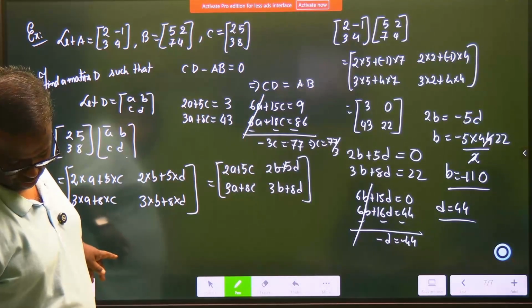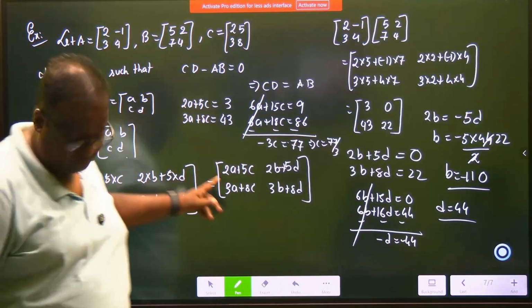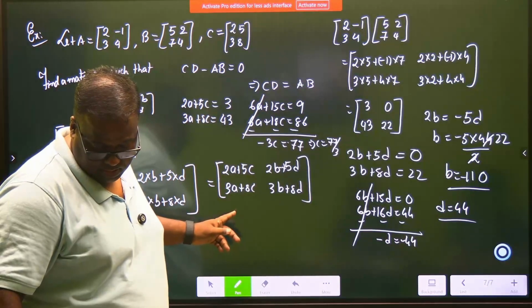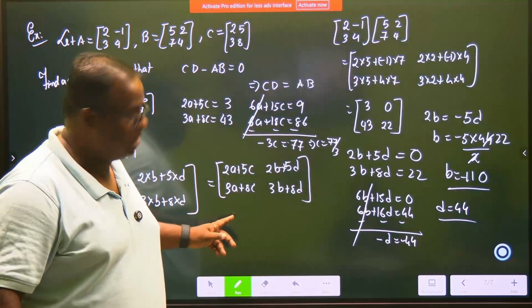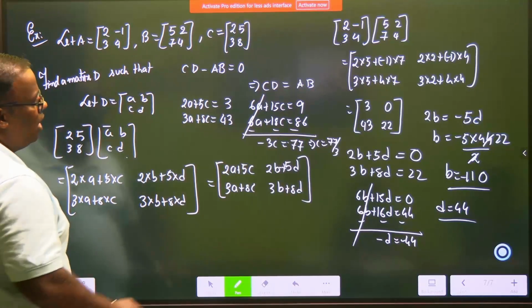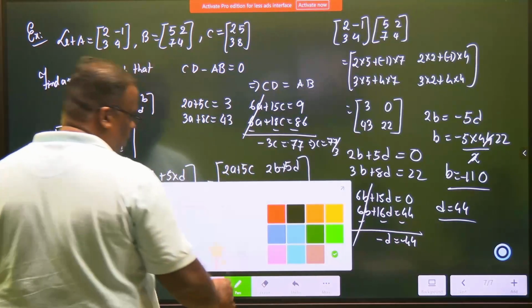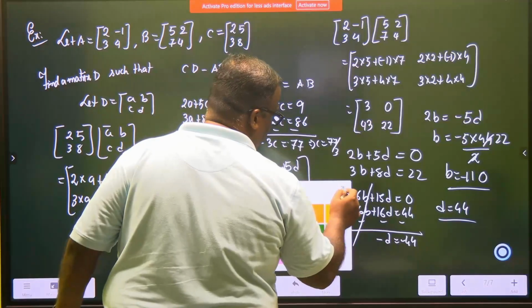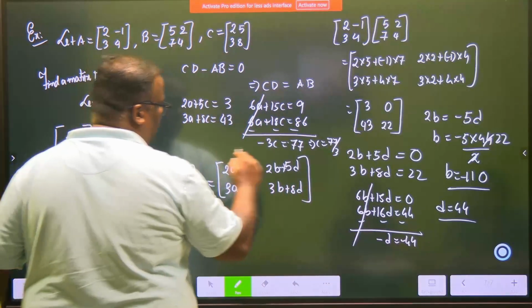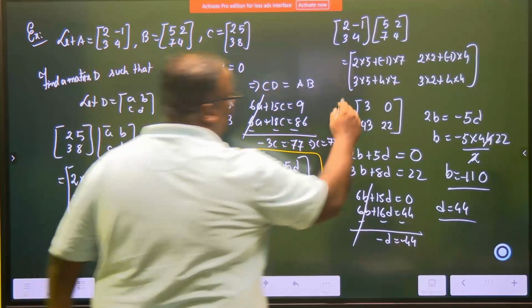How much is this? 2a plus 5c, and this is 3a plus 8c. That is correct. 3 and 43. Where did we go wrong? No, no, this thing is correct, beta. This is correct, and this is also correct.